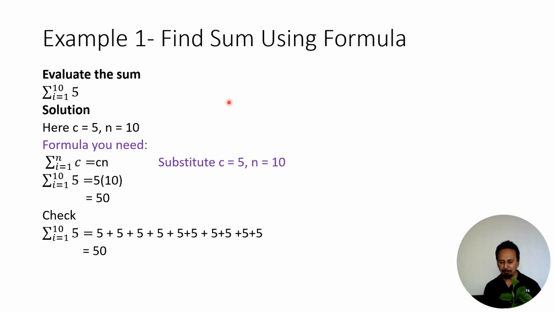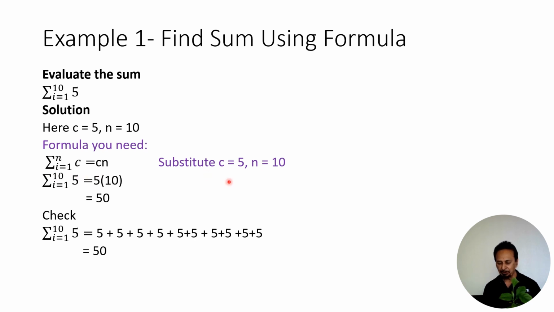Here we have example number 1. We want to find the summation of 5, i from 1 to 10. Here c is 5 because 5 is a constant, and n is the upper bound, which is 10. To find this, we can use the formula summation of c from 1 to n, which is equal to c times n.